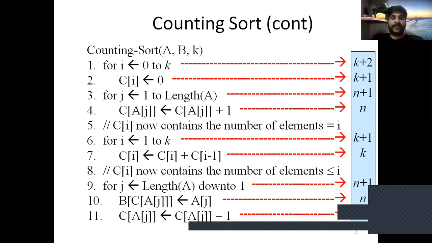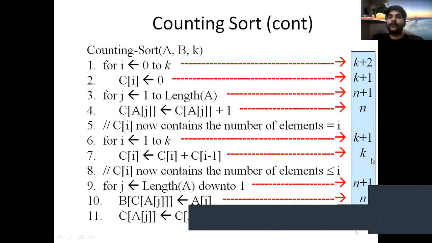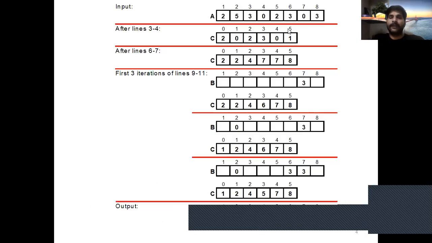The for loop j executes n plus 1 times including false, and excluding the false, the running time is n. Therefore, the time complexity of this step equals n. Similarly, step 11 also has time complexity n.